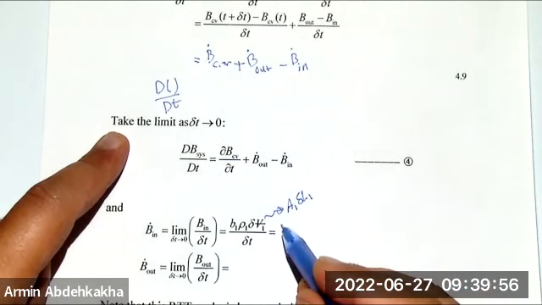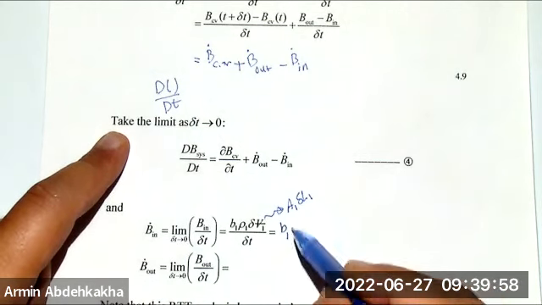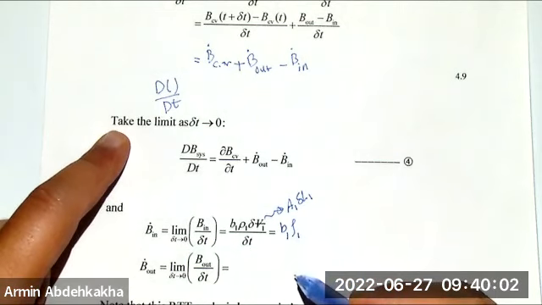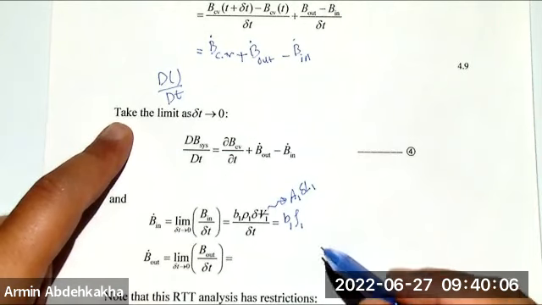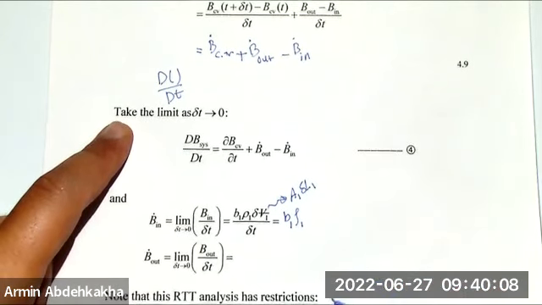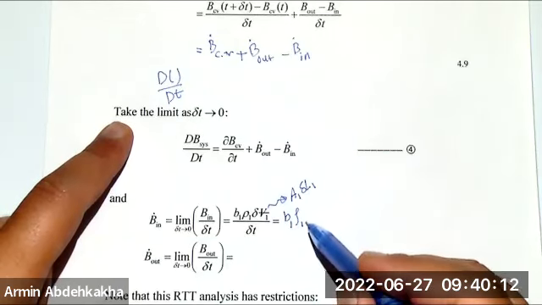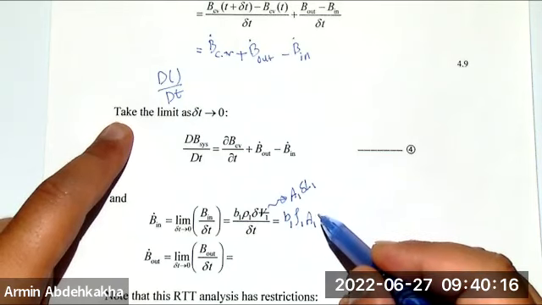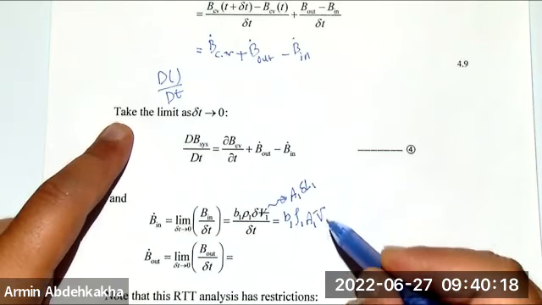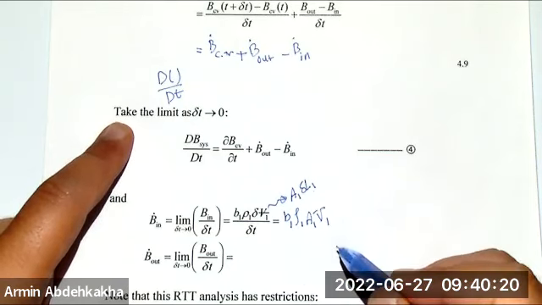So I can write that in this form, we put the rho here because we don't know if it's incompressible or compressible, and we don't want a specific equation here. We want a general form. So B dot in is b1 rho1 A1 V1, when the area changes. Delta L1 over delta t is going to be your V1.